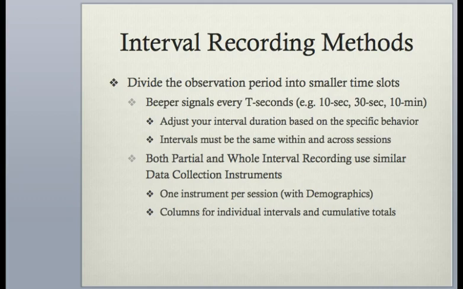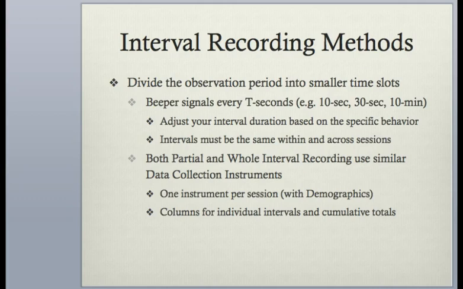If we're talking about on-task behavior, and I'm going to observe for 30 minutes, I might want to observe once a minute and determine whether he's on task or not. But when you do this, the intervals within the session and across sessions have to be the same. So you have to use the same methods because the intervals have to be identical in duration.